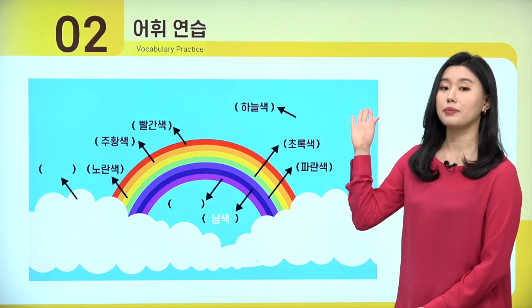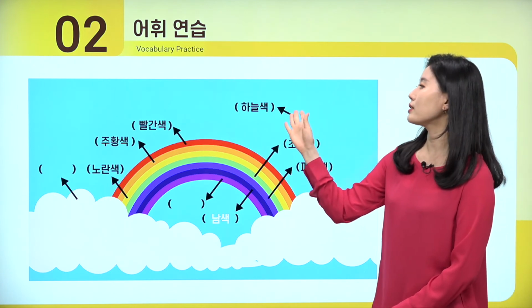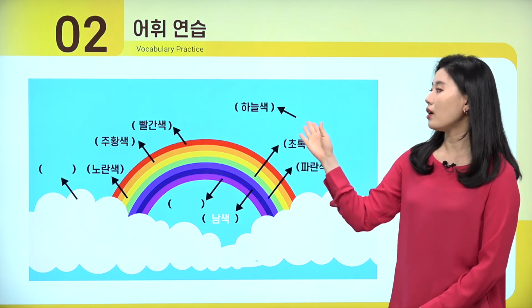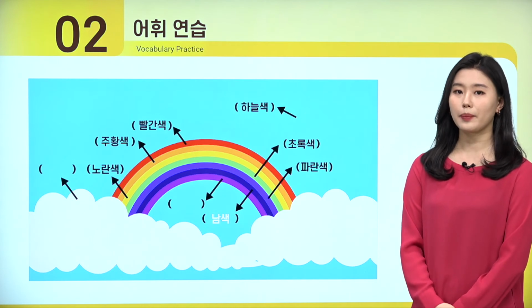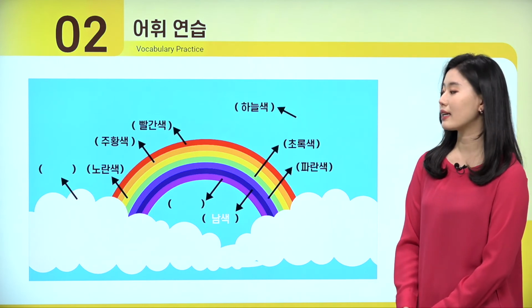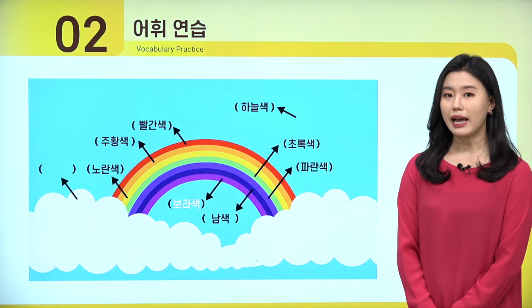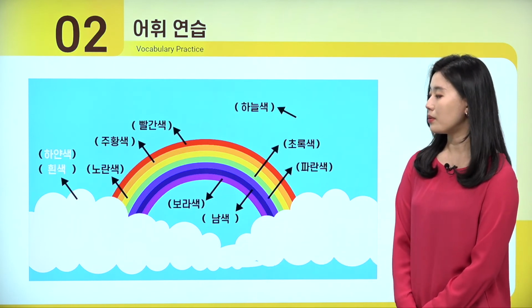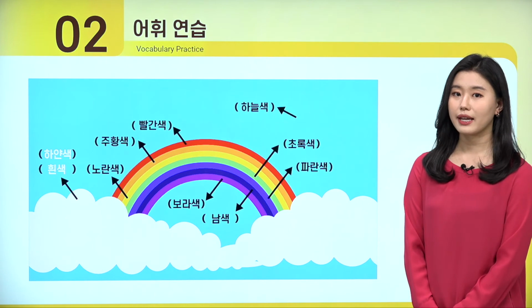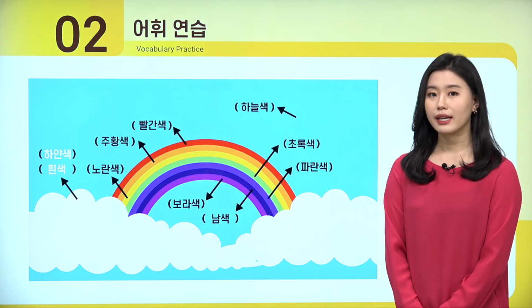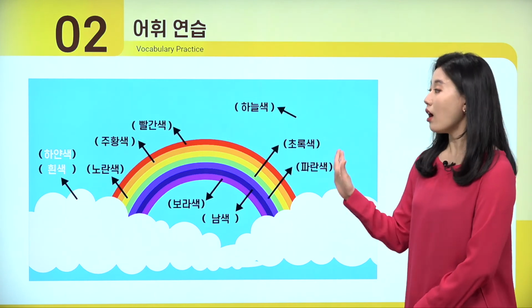Because we have sky, let's put sky blue, 하늘색. Next one, indigo, 남색. Purple, 보라색. Okay, that was colors.